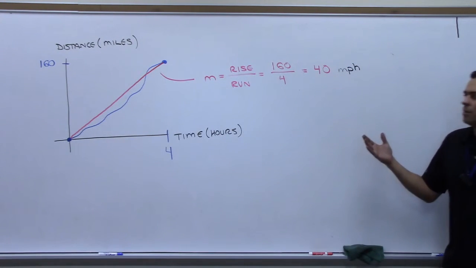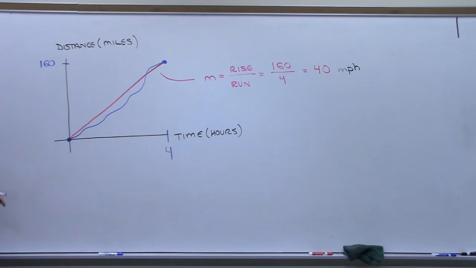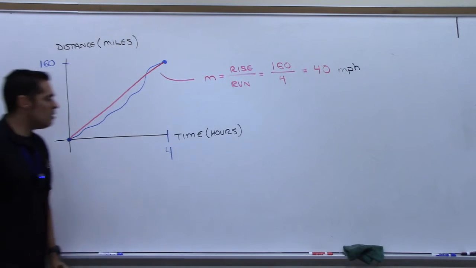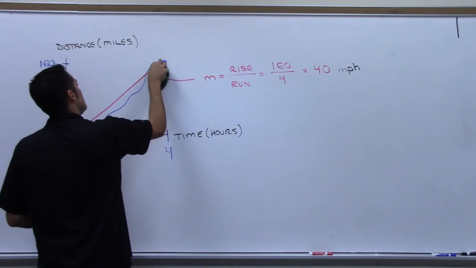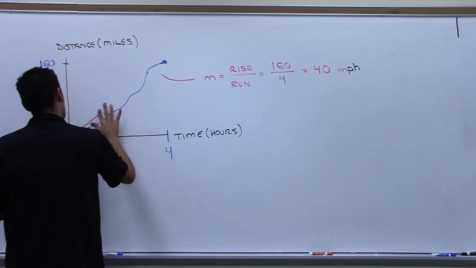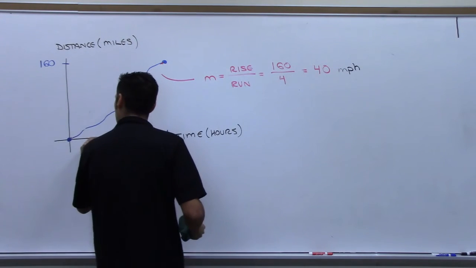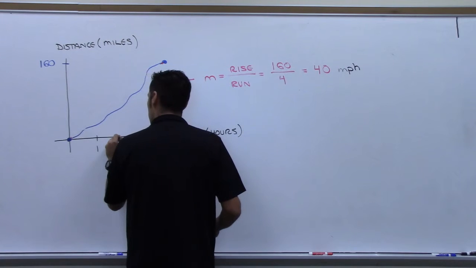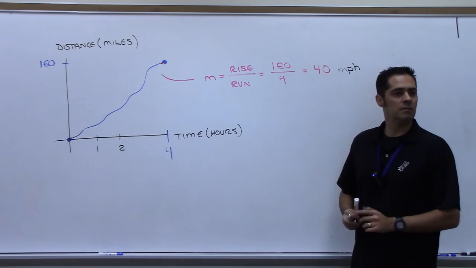Right? So we could all, I think, look at that and say, obviously we were going 40 miles per hour. But what's more important is that you understand the 40 miles per hour also corresponds to the slope of the line connecting these 2 points. So now if I come in here and I change the question, and I say, all right, what was your average speed on the whole trip? Instead of that, I'm only interested in knowing between the first hour and second hour, what was your average speed?